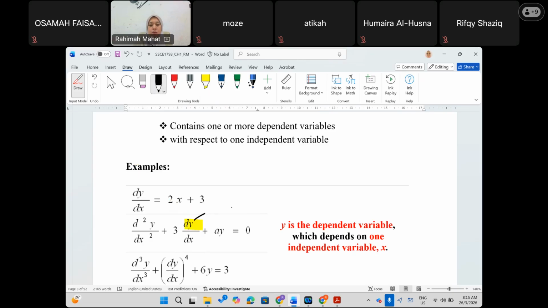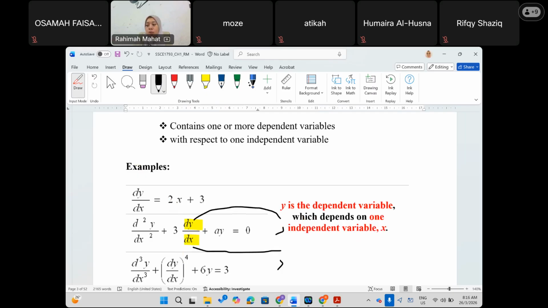This is dependent, y. And the other one is independent, at the denominator. For ODE, because it is one differential equation, you have only one, x only, with respect to x only. However, for your y, the dependent, it can be more than one.